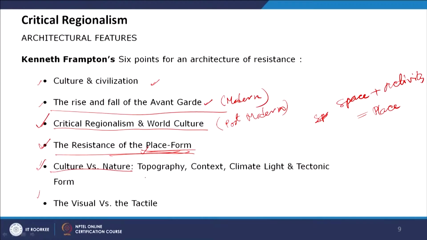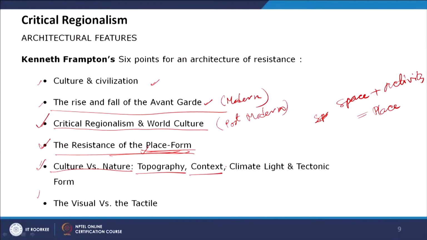It's not culture on one side and nature on the other; culture and nature both impact placemaking in urban design, at a much macro, planning level, and also in a critical regionalism way. This also impacts at the building level, and the things which are impacting are topography, what kind of land topography the contours are, and the context, which is also people's context, their sociocultural behavior and their particular way of thinking, and the climate and light, and the tectonic form, which is not topography.